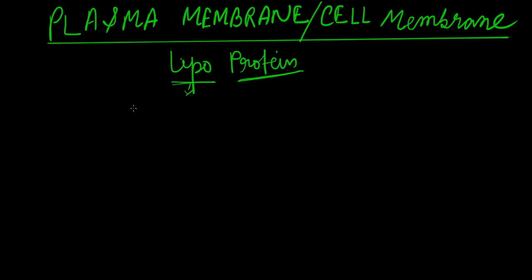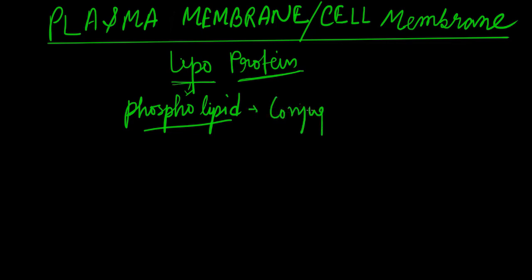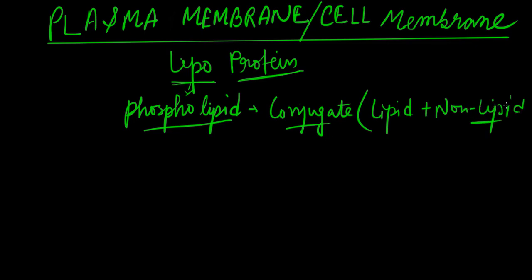They have phospholipid. Phospholipid is a type of conjugate lipid. Conjugate lipid means lipid plus non-lipid. If both lipid and non-lipid parts are present in a lipid molecule, we call it a conjugate lipid.